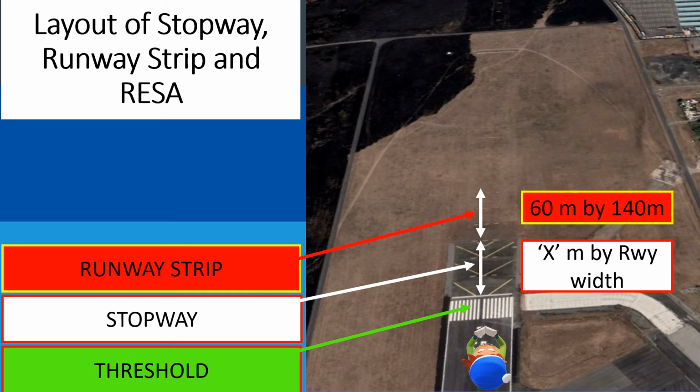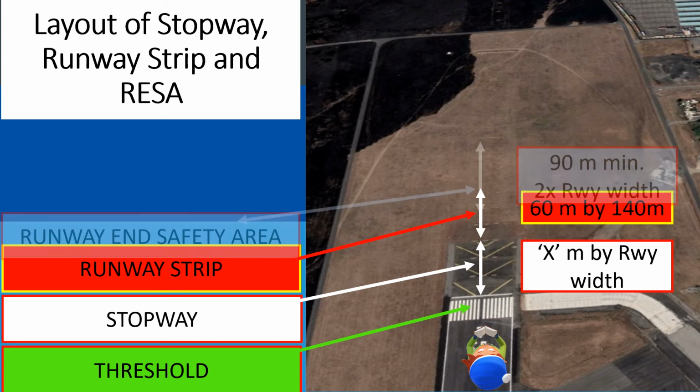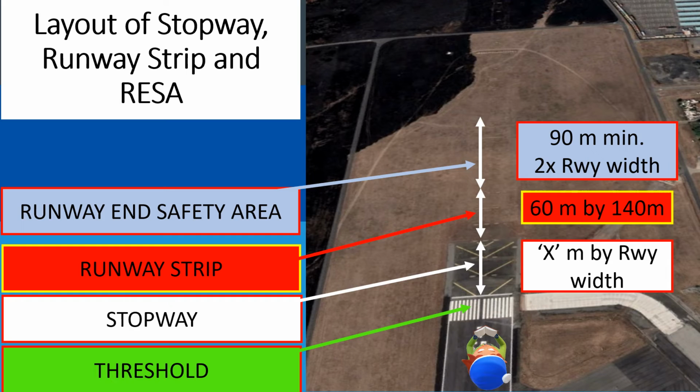The runway and the stopway fall within the strip, and the length of my strip is 60 meters with a width of up to 140 meters. After measuring my strip, I will now measure my runway end safety area, which can range from a minimum of 90 meters to 240 meters, and also has a width that is twice the width of the runway.